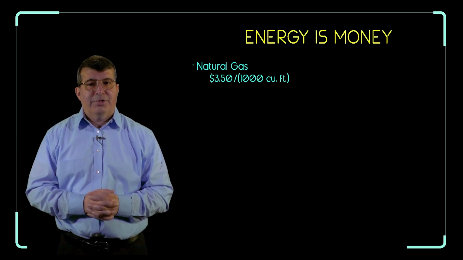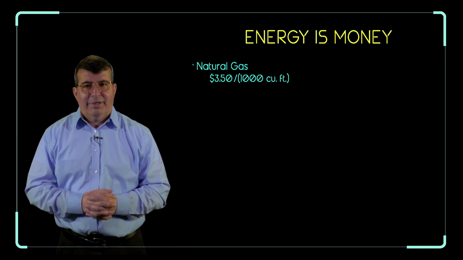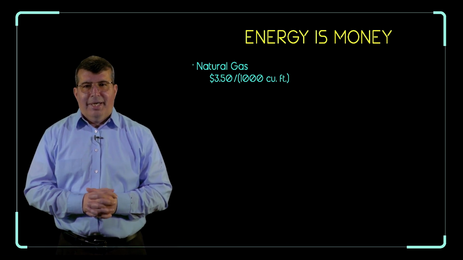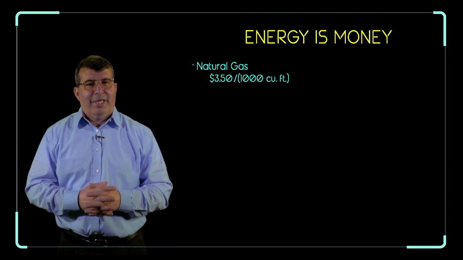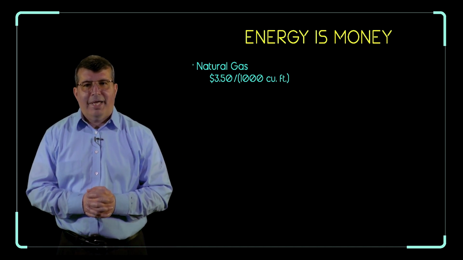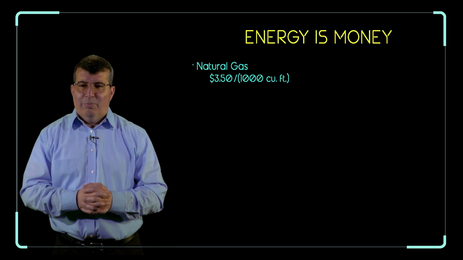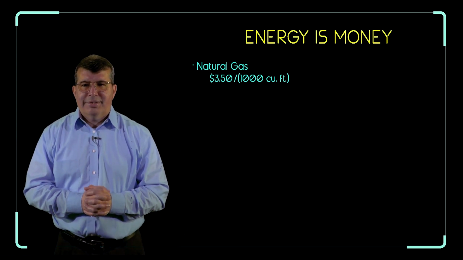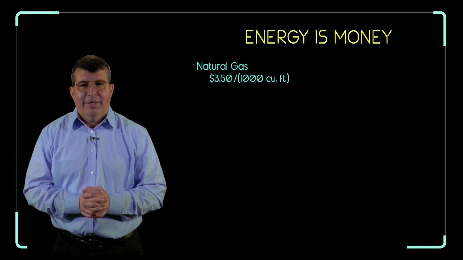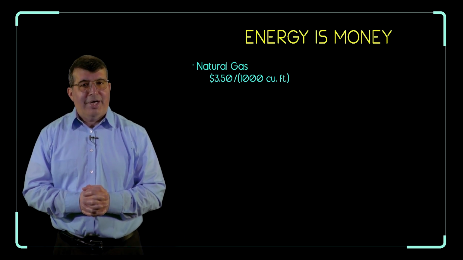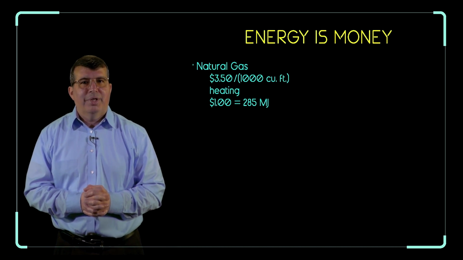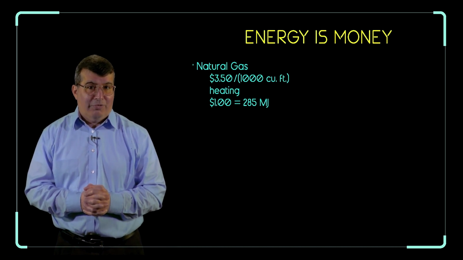I can turn almost all of the energy into heat, and so if I calculate how much heat I can get out of 1,000 cubic feet of gas, then what I can work out is that for every $1 that I send to the gas company, they give me 285 megajoules, 285 million joules of energy in the form of heat.